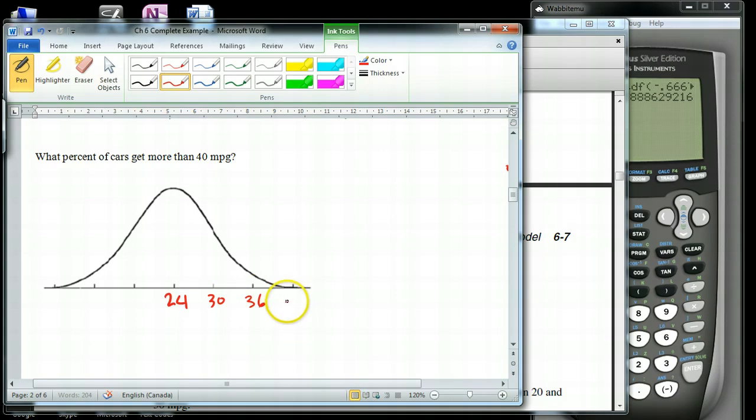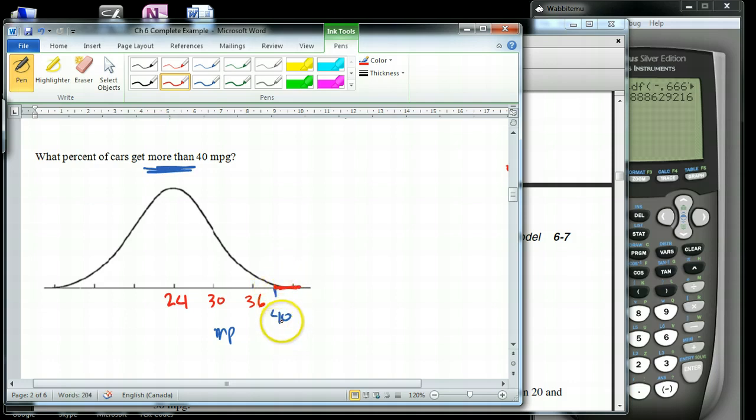And so 40 will be somewhere here. The key thing is more than 40, so the area we're looking for is tiny. It's going to be the far right tail here.